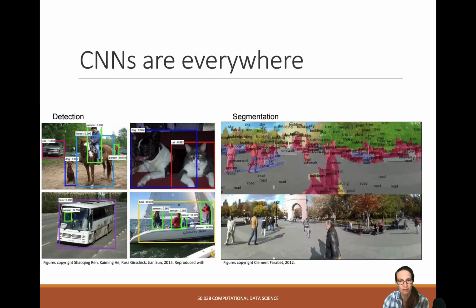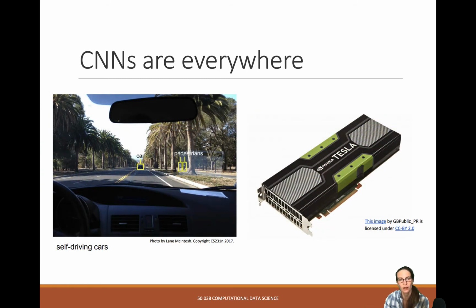They are really everywhere. So some of these examples that I mentioned before, object detection and segmentation, which you see here again, all use CNNs. Now, there are some very interesting advances that allow us to put CNNs even in self-driving cars, because NVIDIA has been inventing these amazing GPUs.